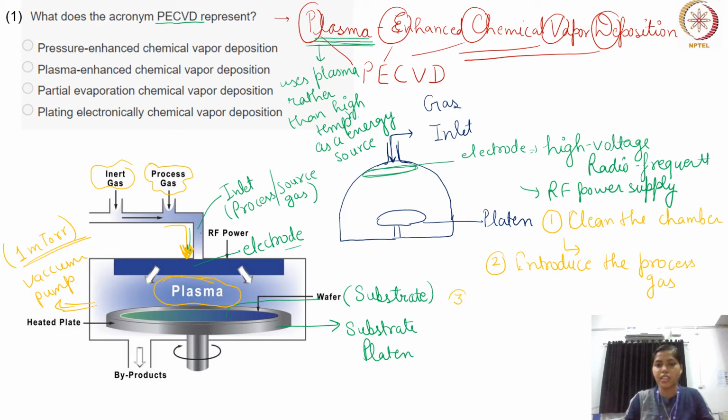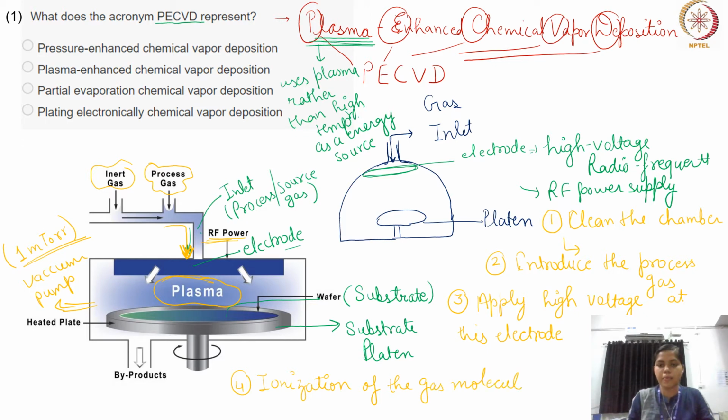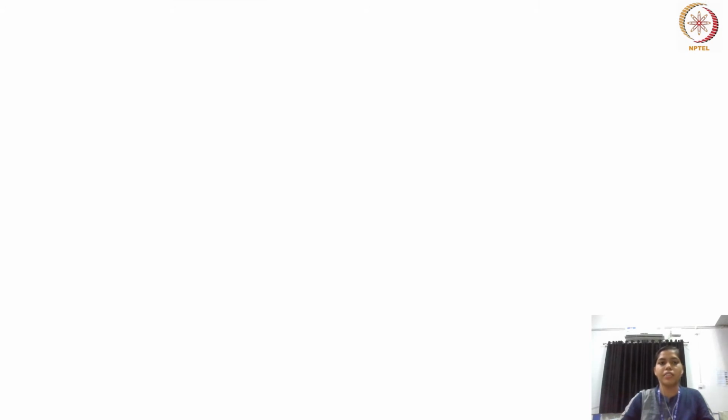The third step will be, we will apply a high voltage at this electrode. Once this RF power supply is applied on this electrode, it causes the ionization of the gas molecules.